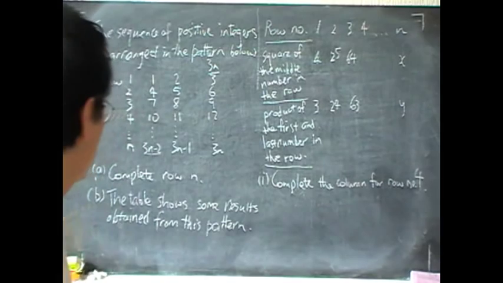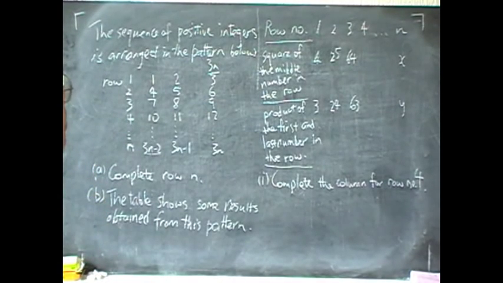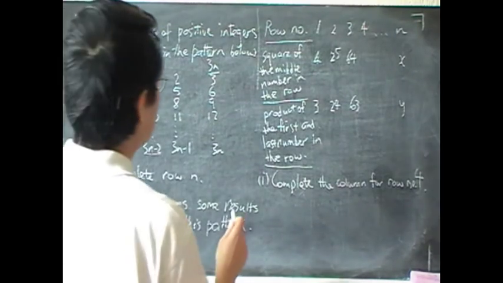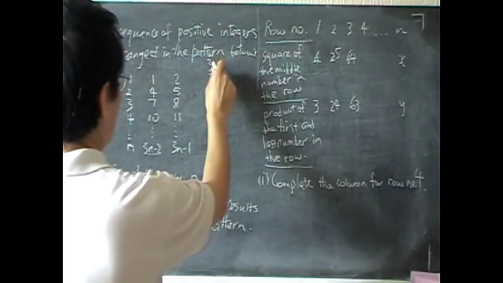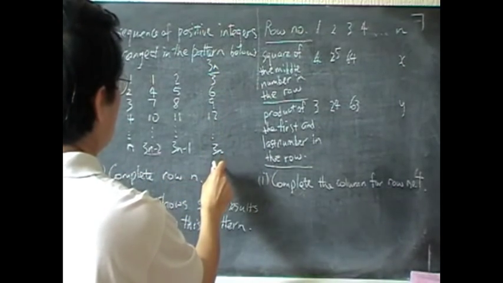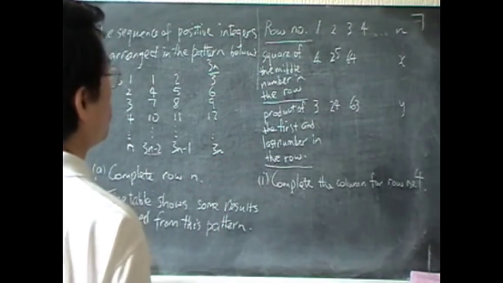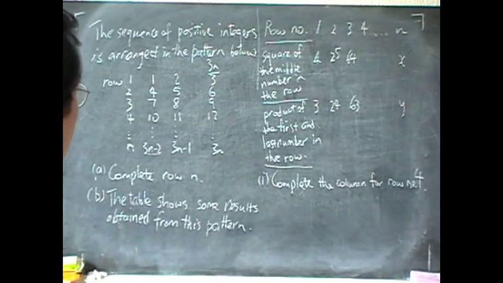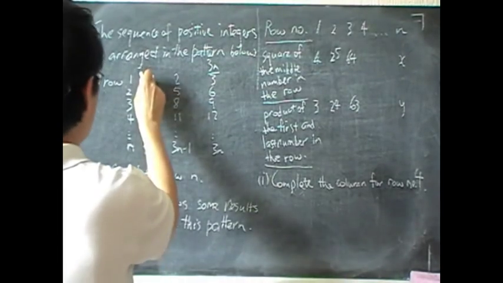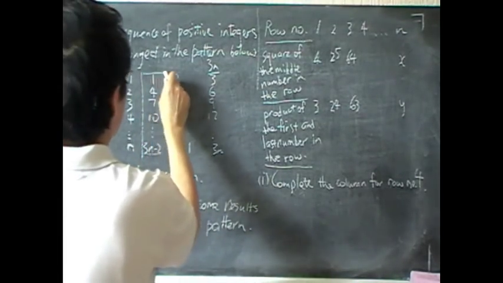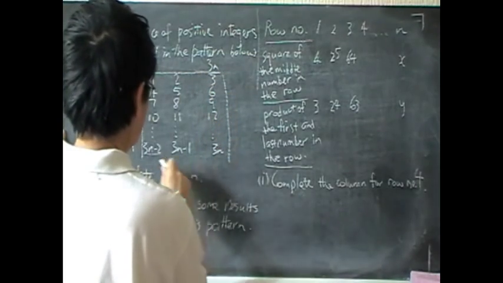In order to do this part B of the question gives us an additional column in the first table, which is this column. So the table here refers to this table.